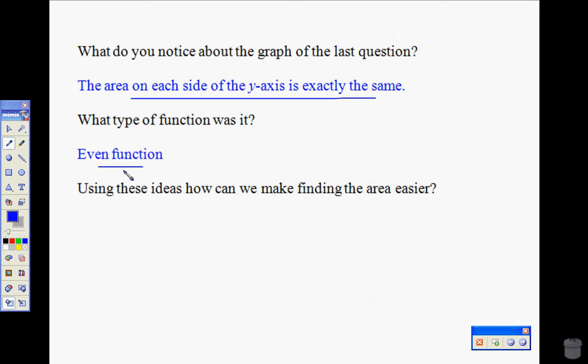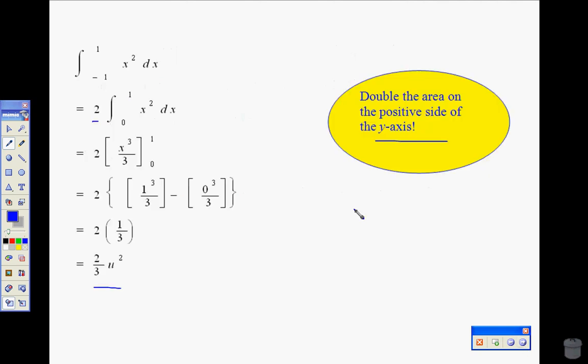So if we can recognize that we have this same area on both sides, then we can use a little trick: instead of going from minus 1 to 1, let's go from 0 to 1 and double it. And that's quite fine to do because it's exactly the same. So you're just doubling whatever area you got in this part.